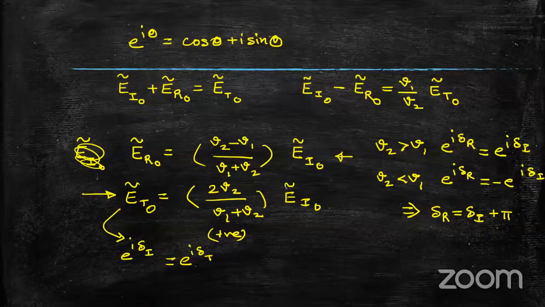Okay, and that type of thing you can see easily even in material waves. Suppose you take a string attached to a lighter string and oscillate. At the end point of the first string and starting point of the second string, the reflected wave will always be in phase. But suppose you tie a string to, say, a wall, and now you create a wave on the string.